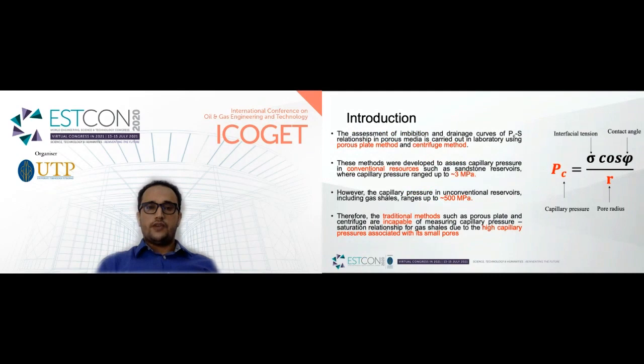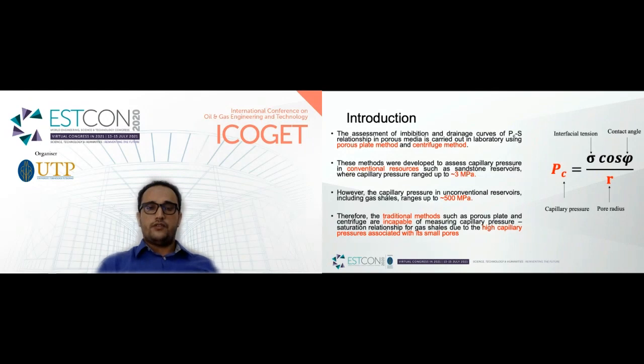The assessment of capillary pressure is often carried out by methods like the porous plate method and the centrifuge method. These methods are designed to assess capillary pressure in conventional resources such as sandstone reservoirs, where the capillary pressure can reach 3 megapascal only.